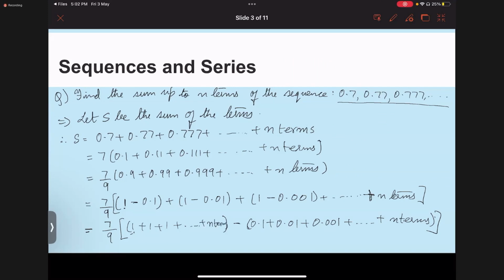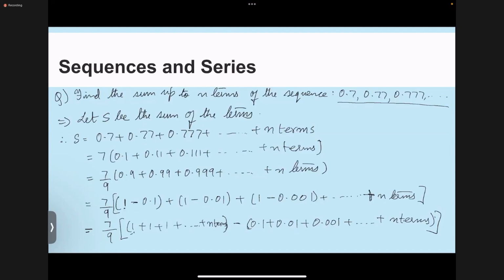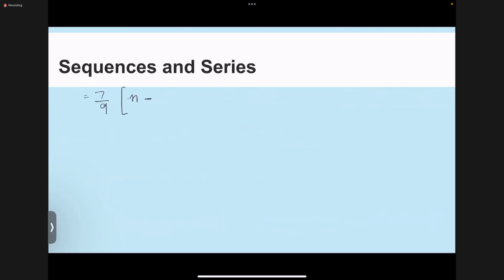You write 1 n times, so that actually becomes n itself, and then you can write these decimals in the form of fractions. So what you get then is 1/10 plus 1/10 squared plus 1/10 cubed plus all the way up to n terms.